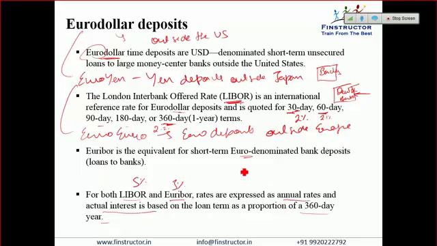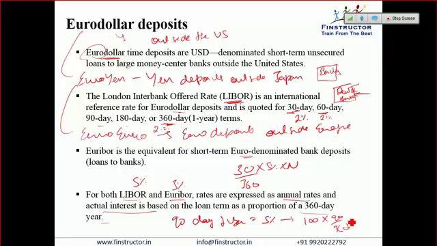So for a 30-day, the actual interest will be 30 by 360 into 5% into the notional. For a 90-day LIBOR, if the 90-day LIBOR is 5%, that means on $100, after 90 days you will get 100 into 90 by 360 into 5%.